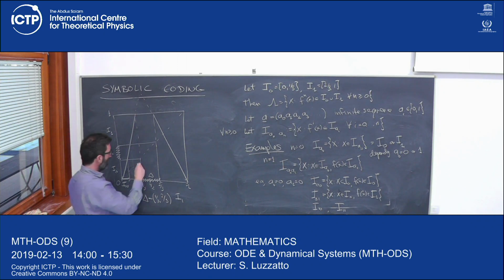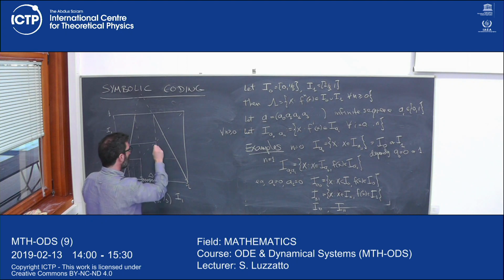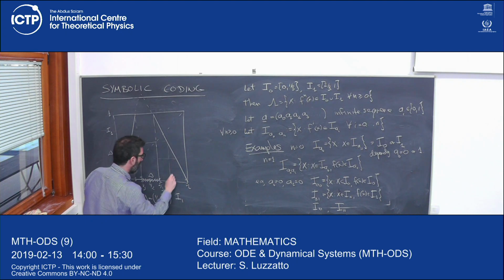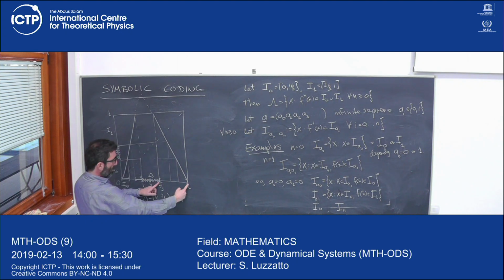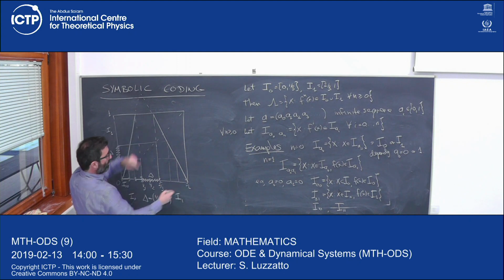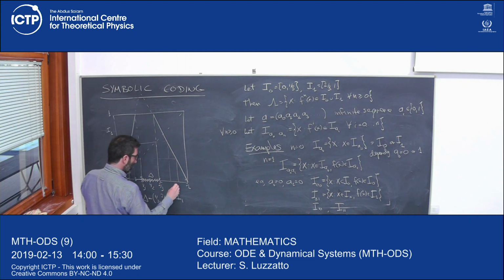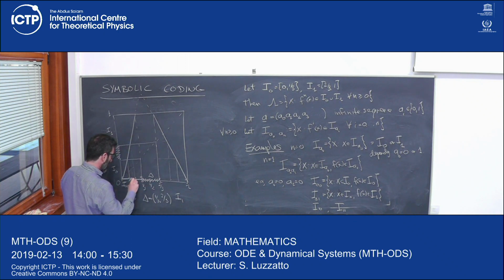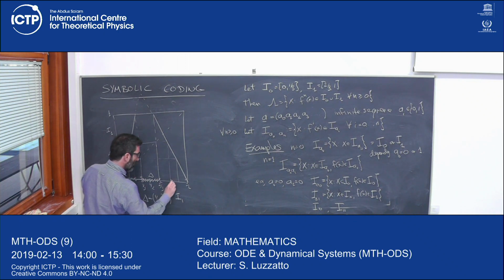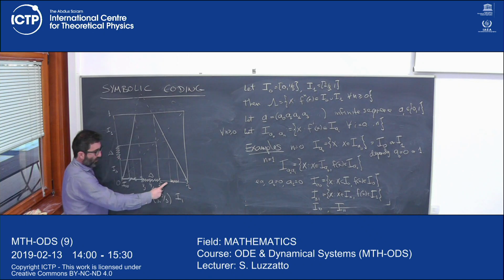And the same thing on this side. We look at the image of I1, and it maps onto the whole thing. Here, these are the points that map to delta, so they escape. And what do these points do?